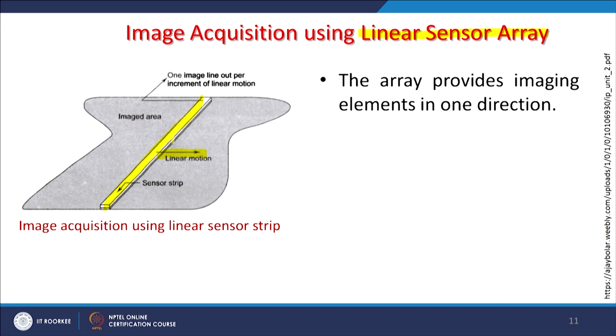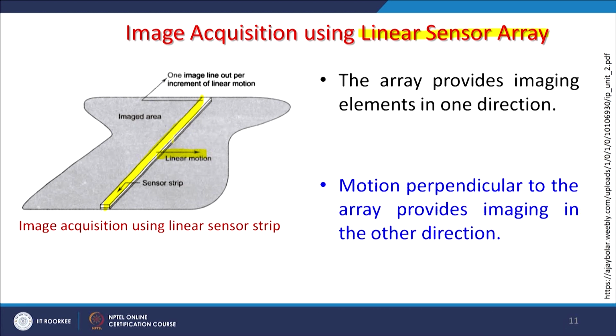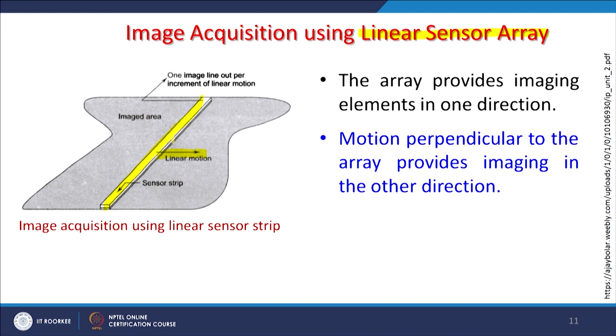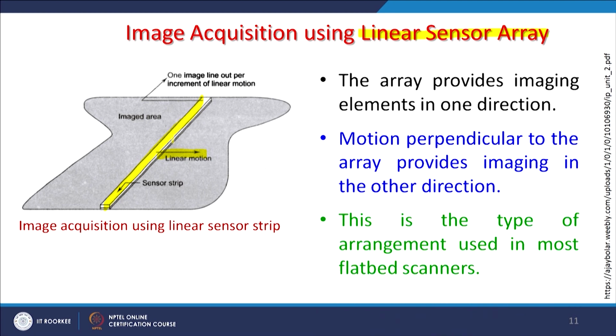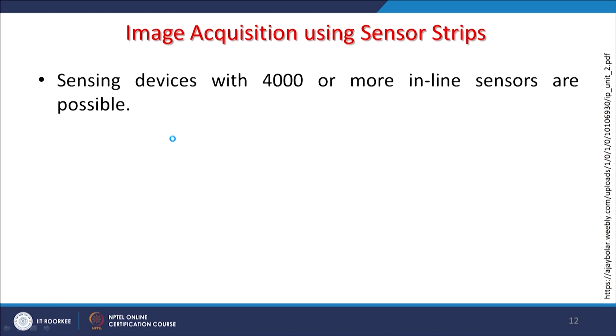So, this linear array provides imaging elements only in one direction. Motion perpendicular to the array provides imaging in the other direction also. And this type of arrangement is used in most flatbed scanners as well as on satellite sensors.